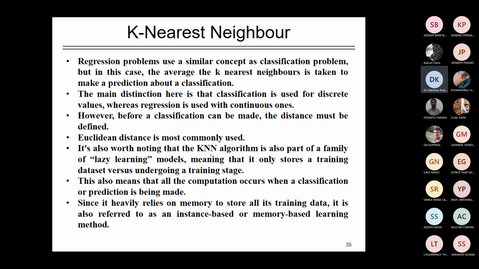Otherwise, the KNN algorithm only stores the training data set, and the computation is not done. Only when we have to classify or predict some unknown sample using k nearest neighbor does the computation occur.